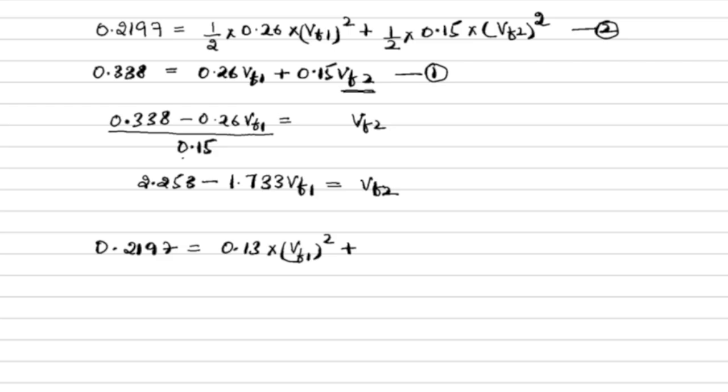Then 0.15 divided by 2 we need to do. So I'm simplifying it. So it will be 0.075, and here the value of this goes, this one. So it will be 2.253 minus 1.733 VF1.